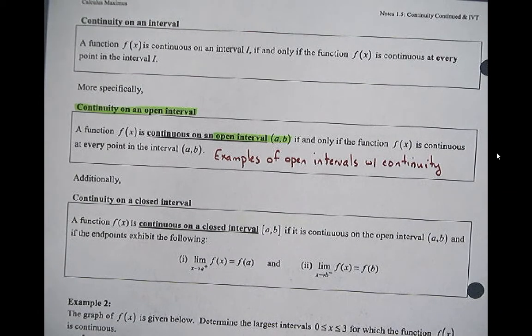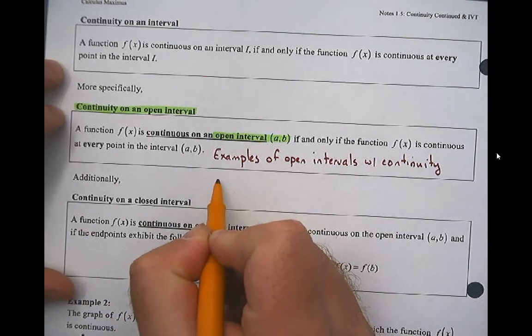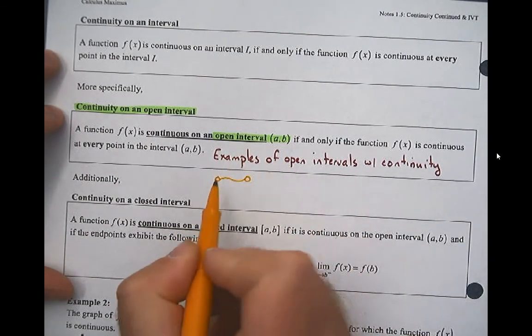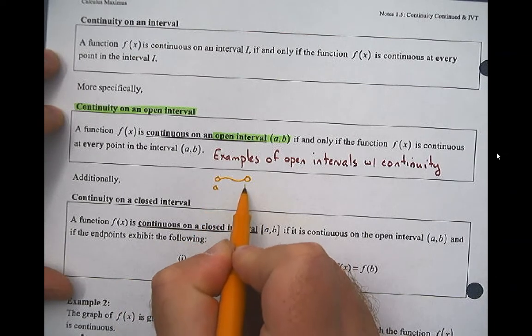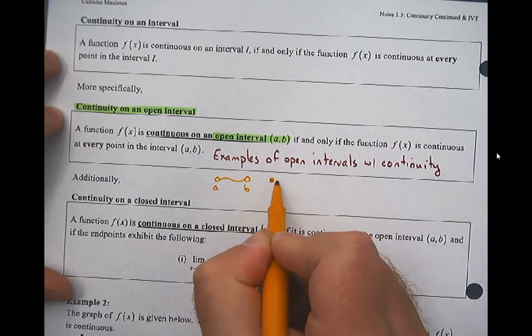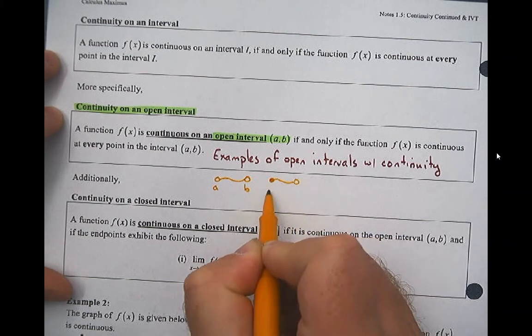All right, so what's a picture? Let's see, what do we got here? This is A, this is B. Then let's do that again. This time A is closed, B is open.